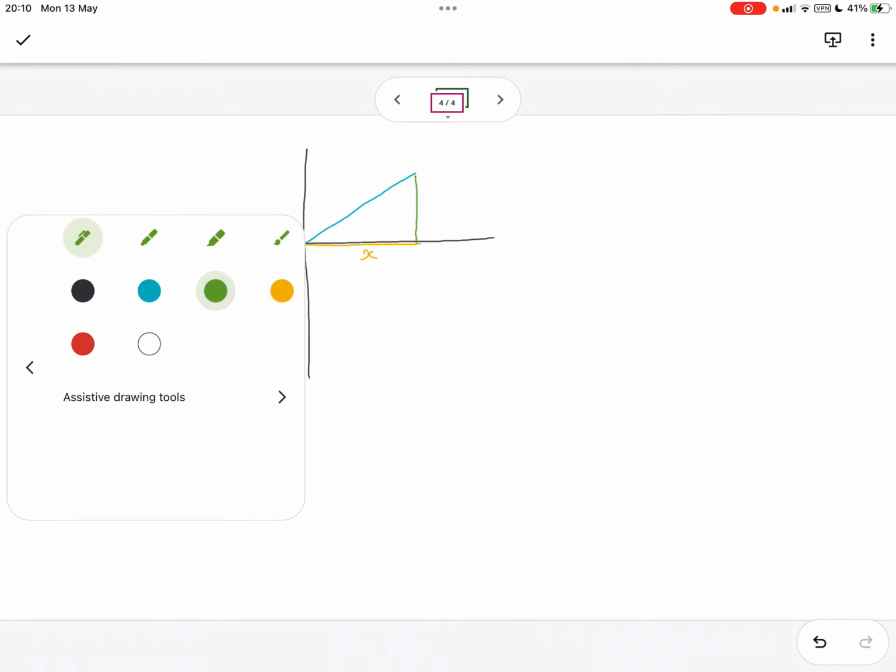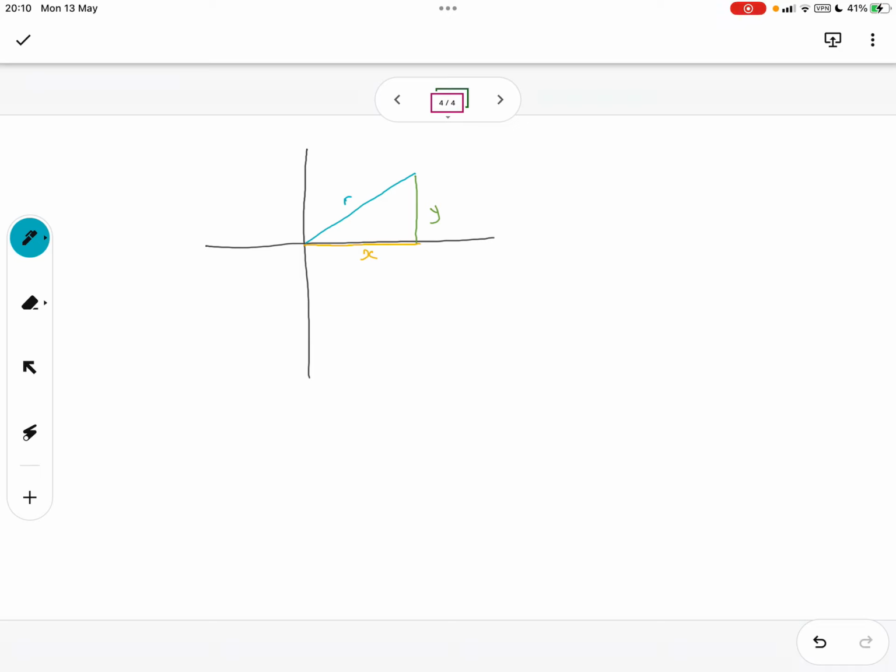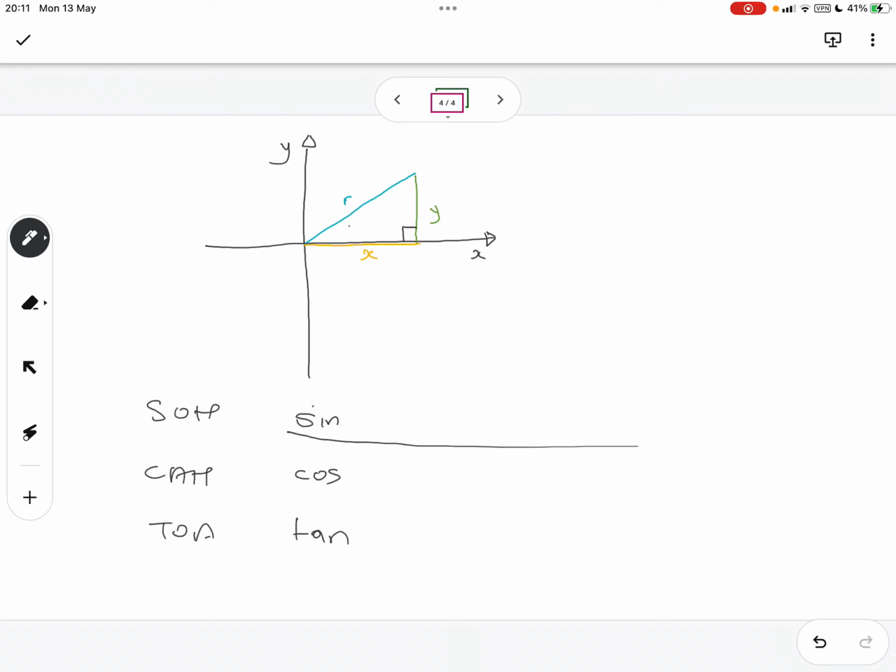So that's x, this is y, and this is r. You will need to challenge yourself to define. You've got access to this Jamboard. So you're going to use SOHCAHTOA, and this is going to be alpha and this is going to be beta.